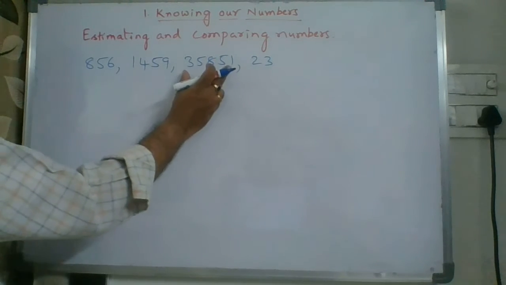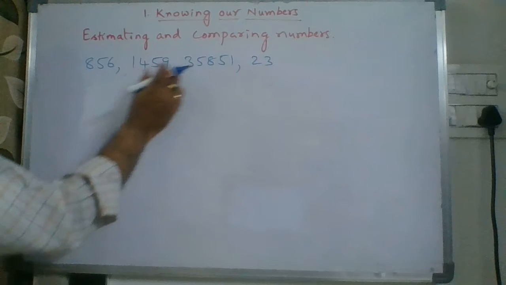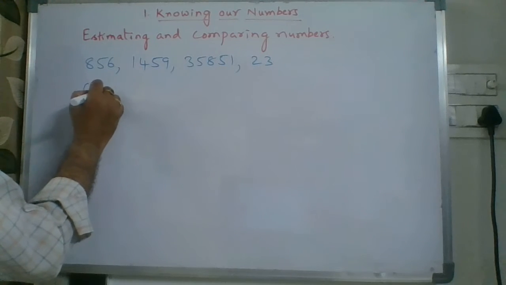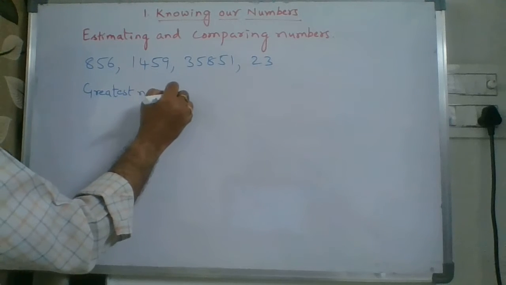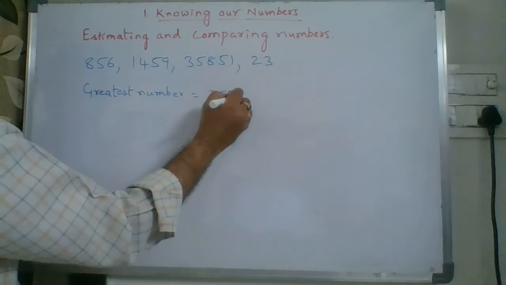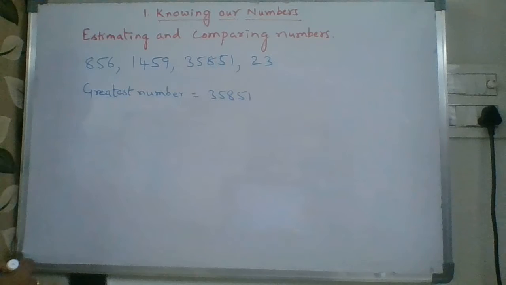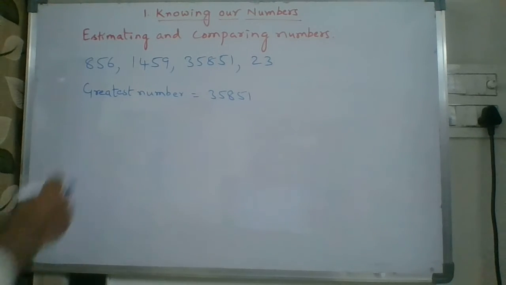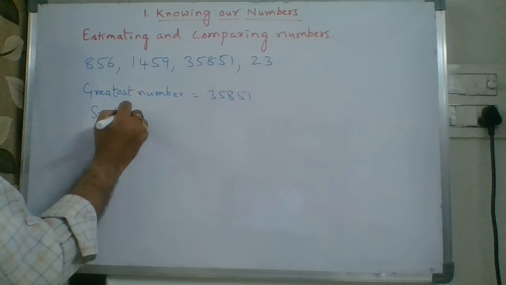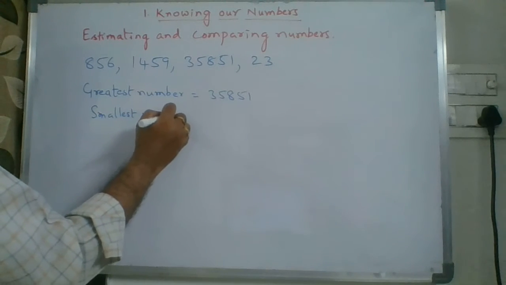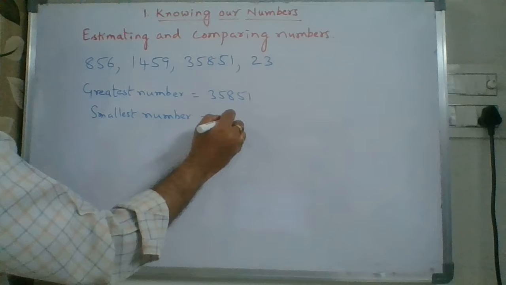Now in this there are 5 digits, so the greatest number is 35851, and the number with the lowest number of digits, 2 digits, is the smallest number. It is 23.